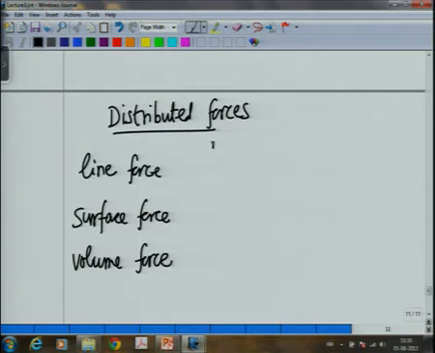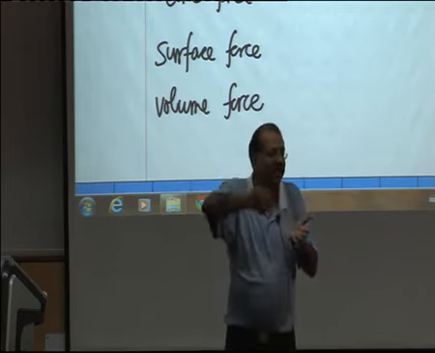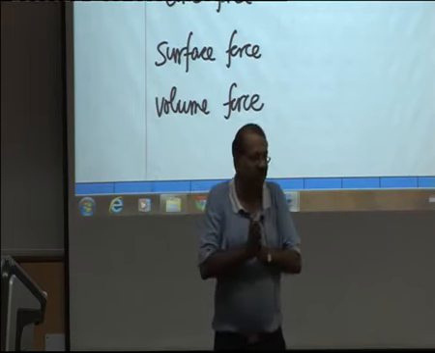A line force, we will say, is a force which is acting either along a straight or a curved line. It need not be a straight line, but it is acting along a line element. The line element could be straight or curved, and the force is continuously acting along the line. It is not acting at one point or 2 points as we have seen in the discrete forces.